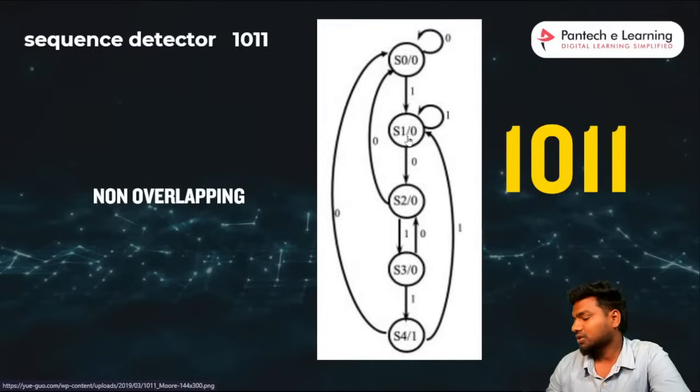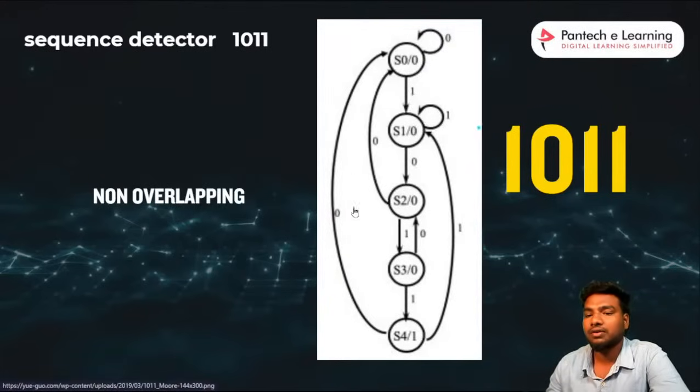So in this case, the total bits are 4 but the states are 5. If you want to write the Moore logic, you have to follow this only. Why? Because we get the output from the last state. If you are writing the Mealy machine, you get the output from the transition of the state.